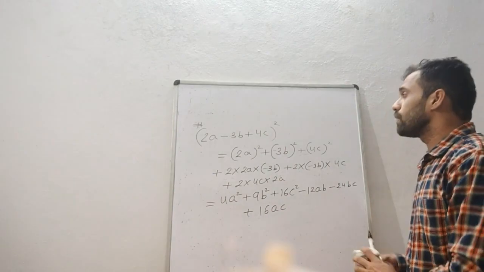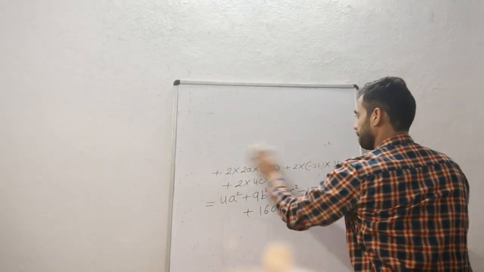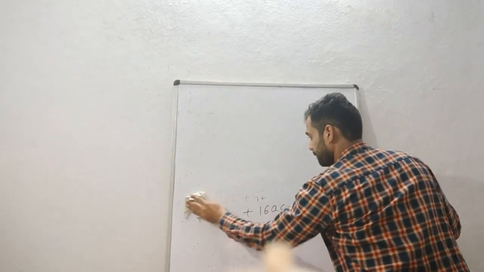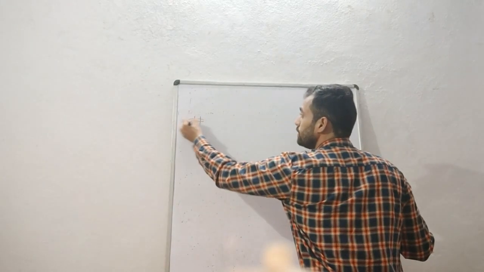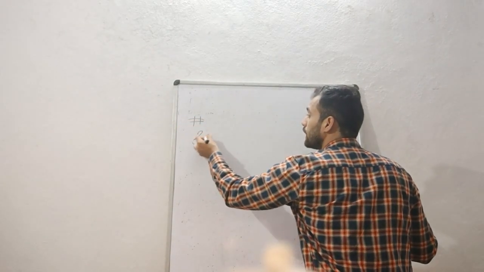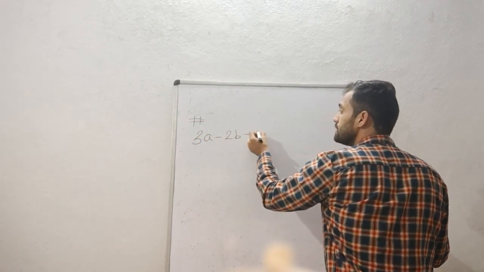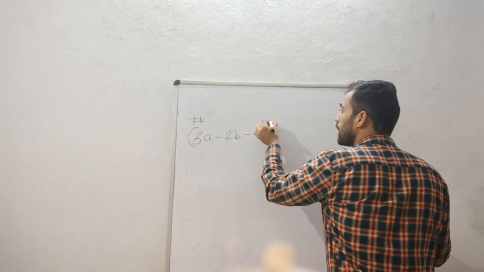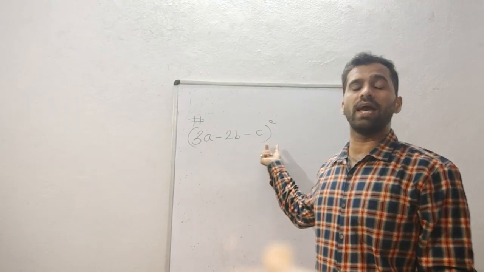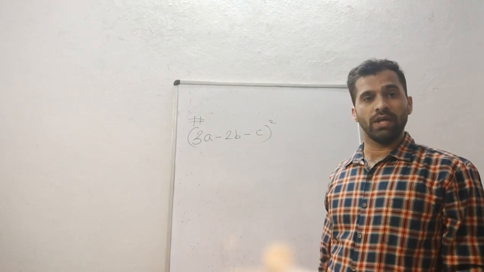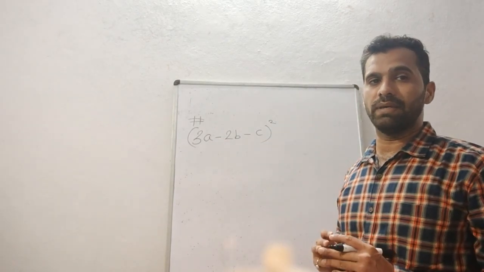Okay, now we will see one more question where two negative terms are there. Suppose we are given (3a minus 2b minus c) whole square. Here the second term, the b term, is negative and the third term, c, is also negative. So here we will apply the same identity, only we put the minus sign with b and c.